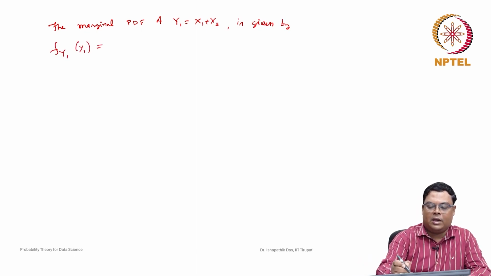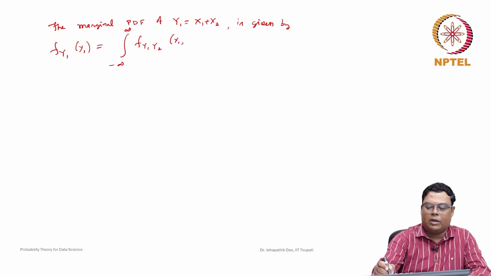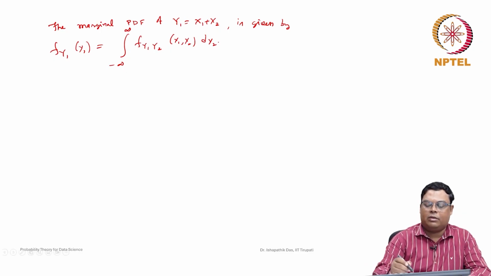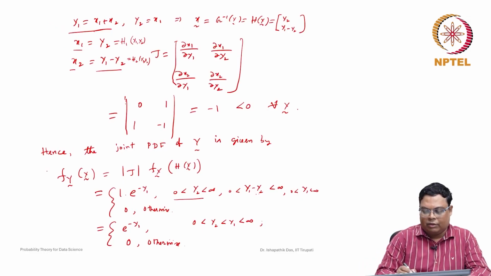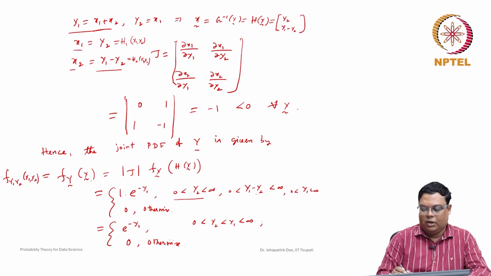By definition, because we know the joint probability density function of y1 and y2, if you integrate over y2, then we will find the marginal probability density function. This is just a simplified notation we used.